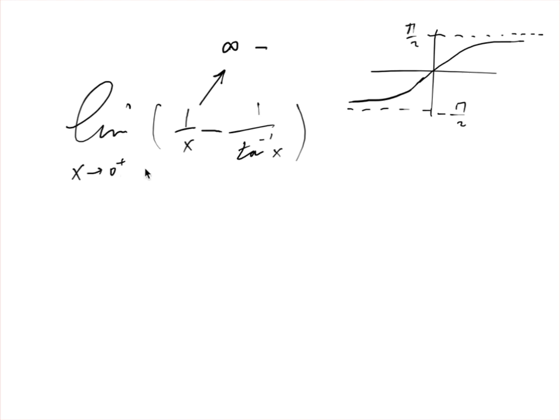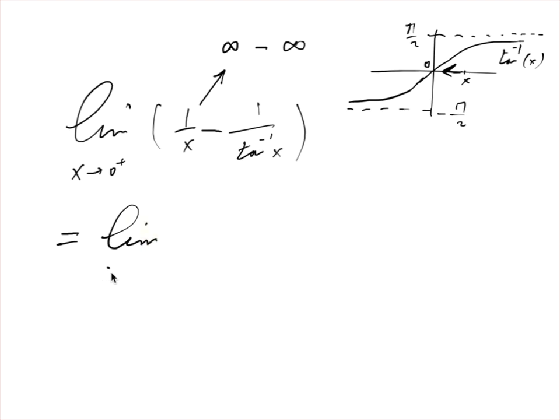But here x tends to 0 from the right, so x is tending to 0 in this direction, and that makes arctangent, or tangent inverse, go to 0, and it is positive on that side, so 1 over positive 0 is positive infinity. So this is the case of infinity minus infinity indeterminate form.